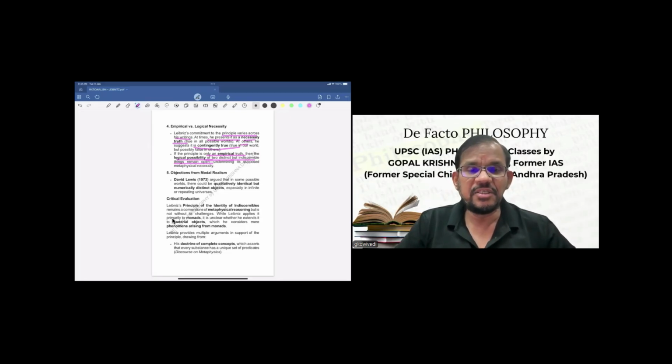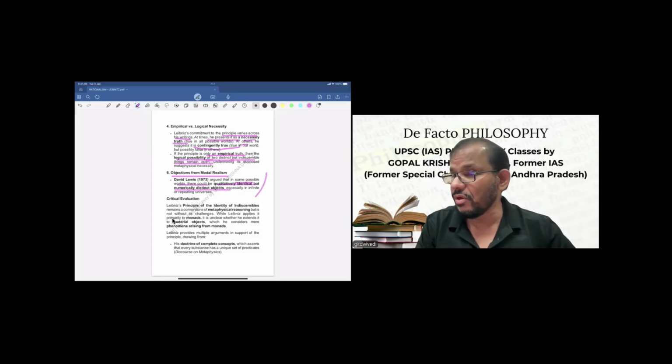So this principle is objected to on that ground. Then, objections from modal realism: in some possible worlds, there could be qualitatively identical but numerically distinct objects. This also is one of the criticisms by David Lewis.